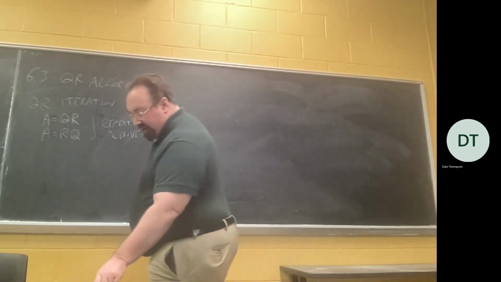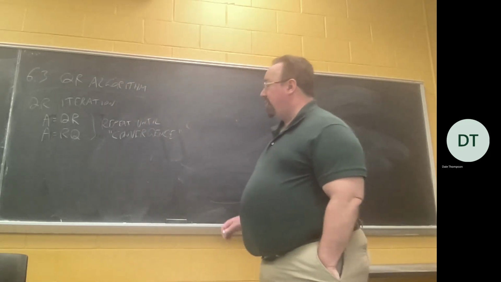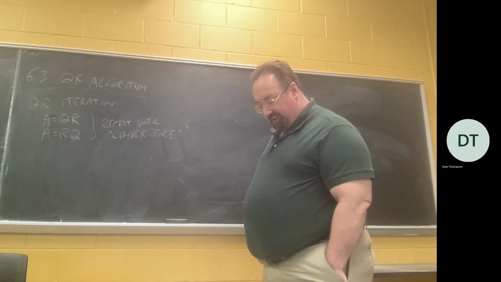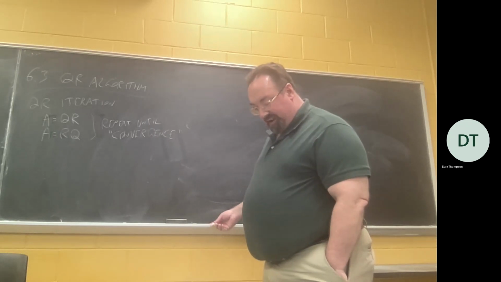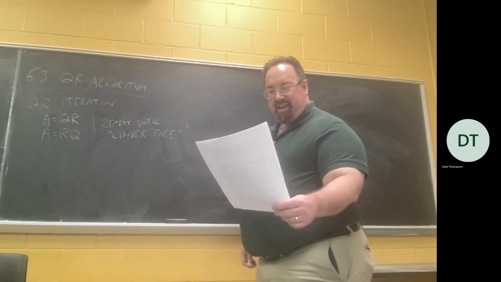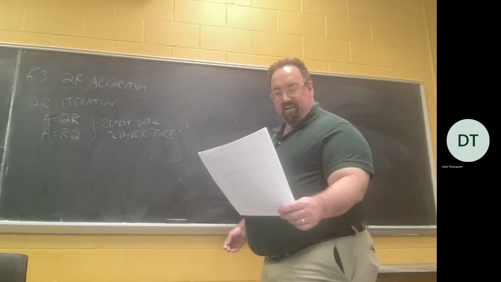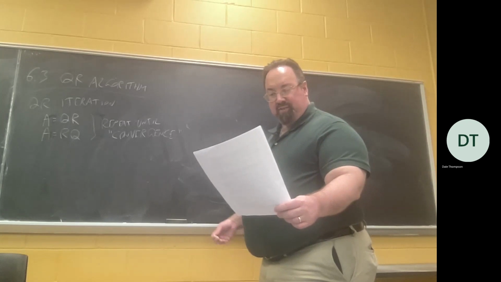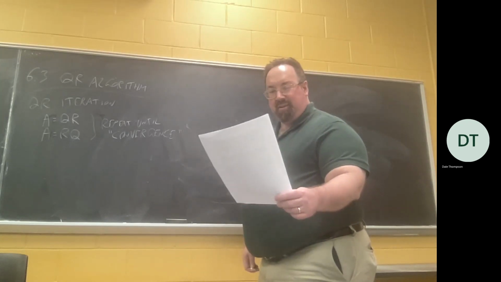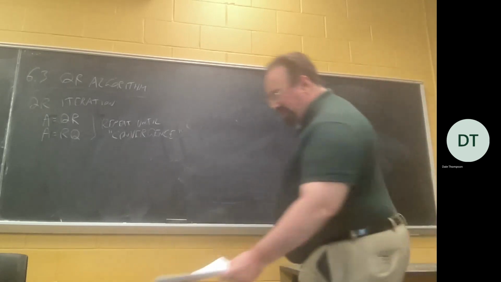But if they're complex eigenvalues, it won't converge completely, but there is some form of convergence that you can still work with. 1959 is when, oh, I do have it in my notes. John Francis put it out in 1959, and Vera Kublanovskaya did so in 1961, independently of Francis. Okay, I'm glad I took the time to look that up.